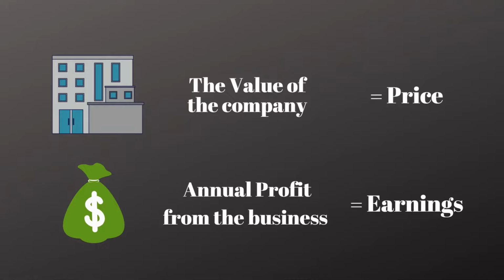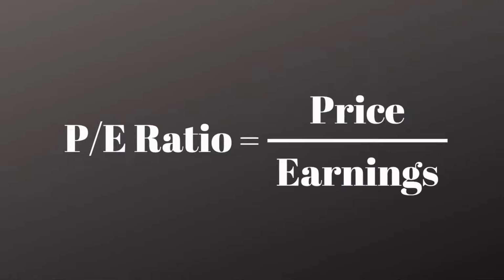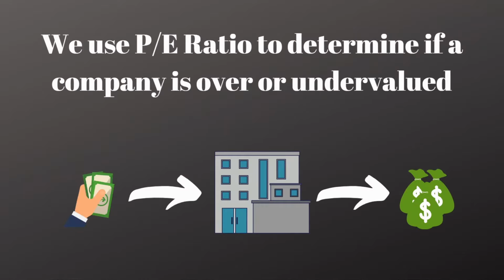So price earnings ratio is the price, or what the business is worth, divided by its earnings, or how much money it makes. So it's price divided by earnings equals PE ratio. So why would we use the PE ratio? Well, it's to determine if a company is over or undervalued.